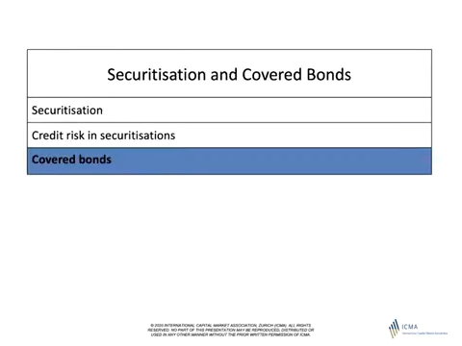Now that we've explained how a securitization is structured and how credit risk is transferred and managed in a securitization, we should also look briefly at how securitization compares with covered bonds.